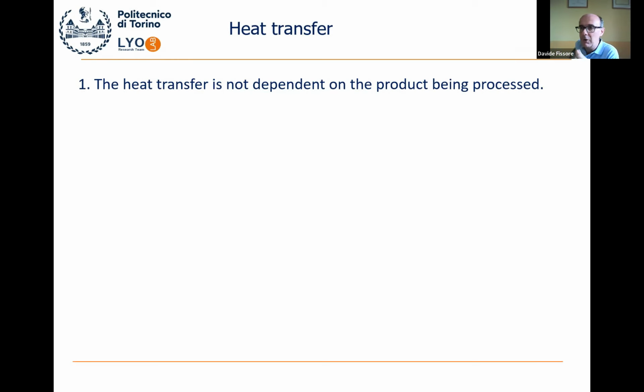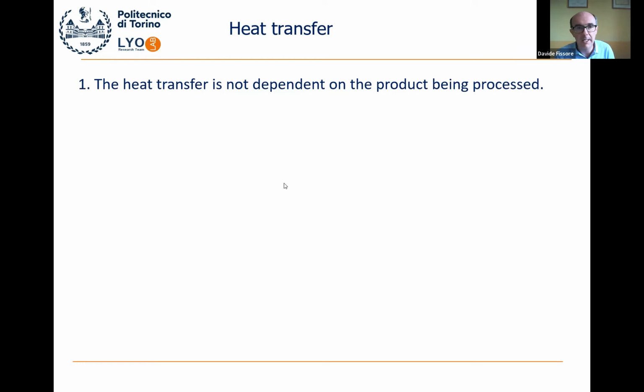We may carry out experiments with water and sugar, with water and active pharmaceutical ingredient. But if we are investigating the rate of heat transfer, so KV, the value of KV is not dependent at all on the product being processed.